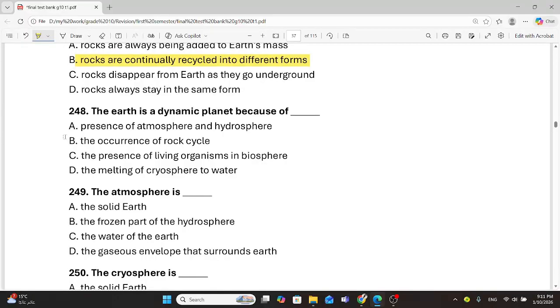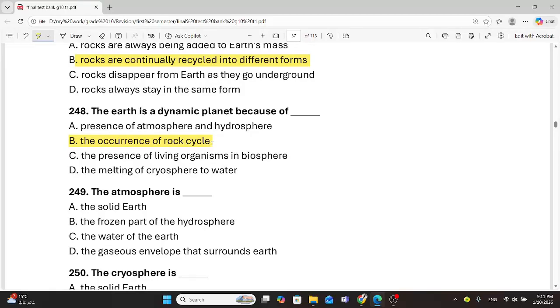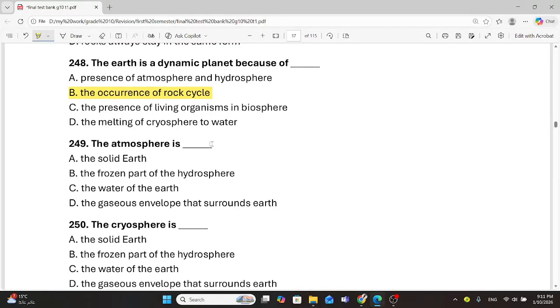The Earth is a dynamic planet because of the presence of the atmosphere and hydrosphere, the occurrence of the rock cycle, the presence of living organisms and biosphere, and the melting of the cryosphere to water. The occurrence of the rock cycle always indicates that rocks are continually recycled in different forms.